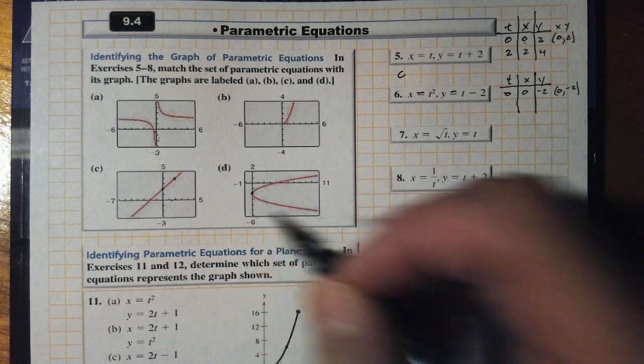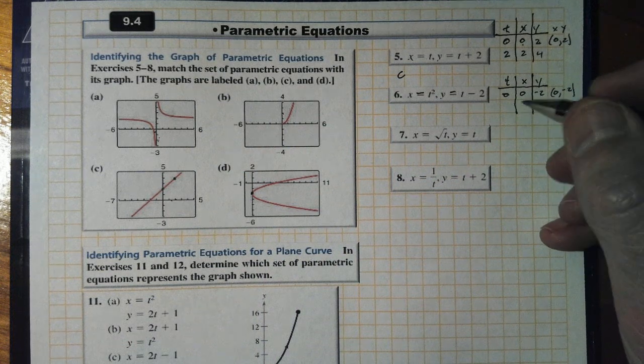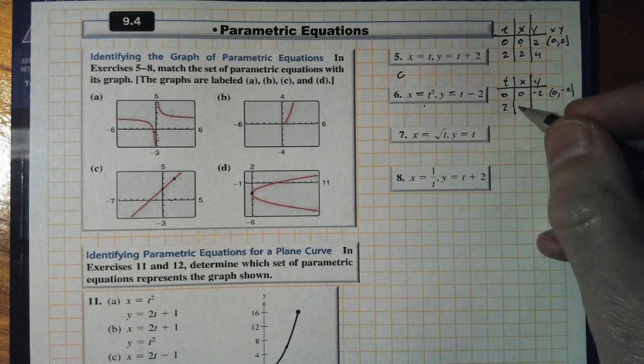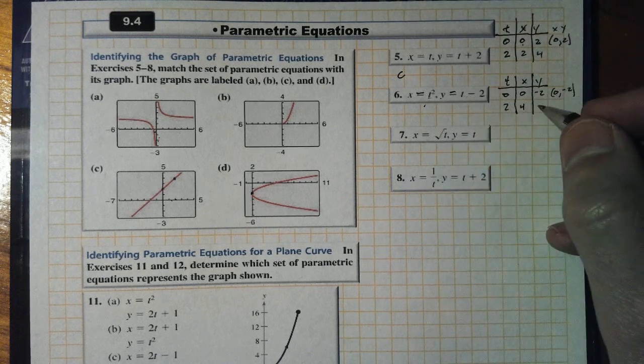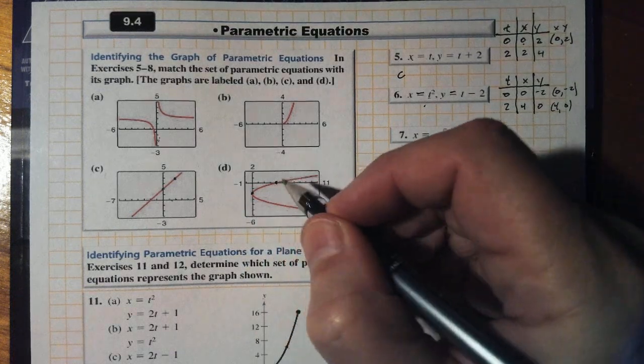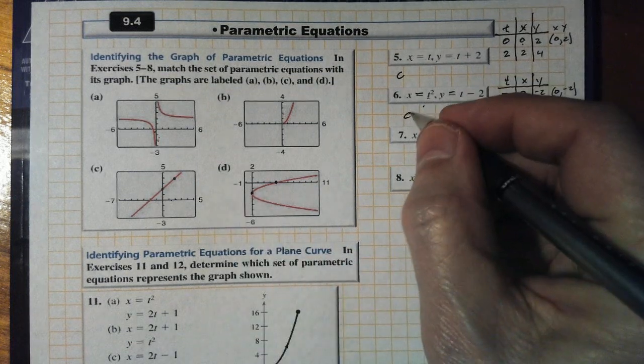So I believe it's D, but let's check one more here. Let's go t is 2, and I get 2 squared, 4. 2 minus 2, 0. (4, 0), and sure enough (4, 0) is on there, so I do believe that it is D.